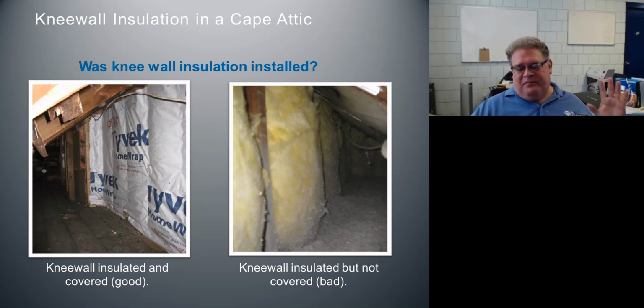Here on the right, however, we've got insulation that doesn't have an air barrier on it. We have blown insulation on the floor of this attic area here, and we have exposed batt insulation on the wall. We need to have some kind of air barrier. Most likely this is a ventilated attic.